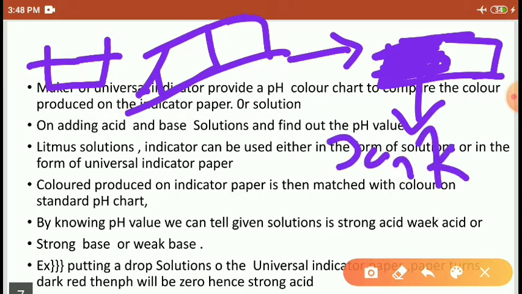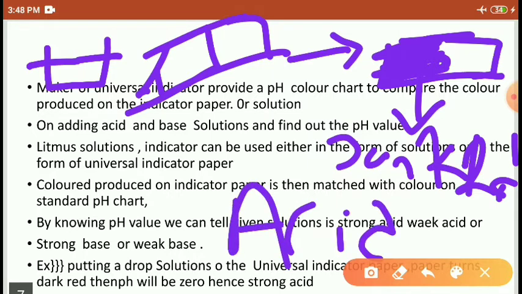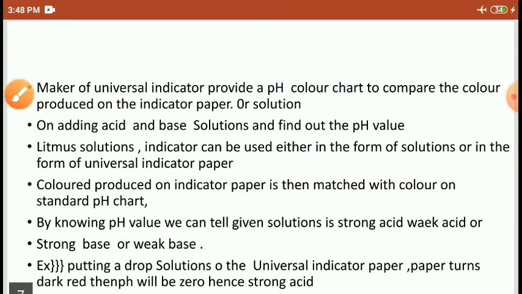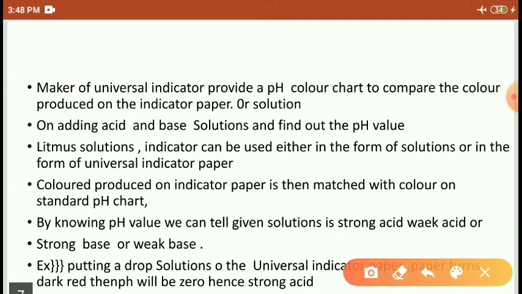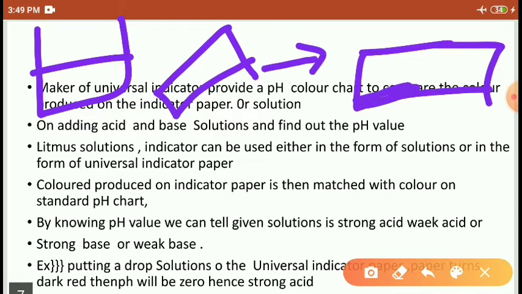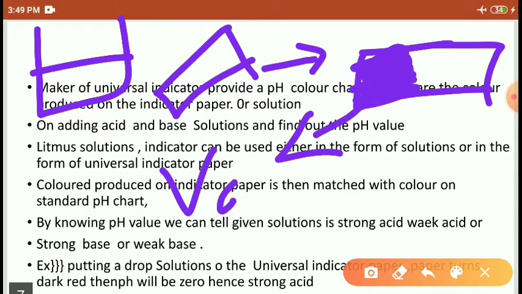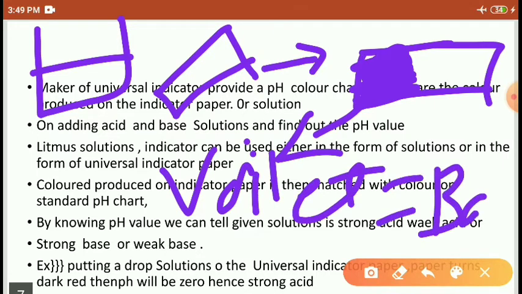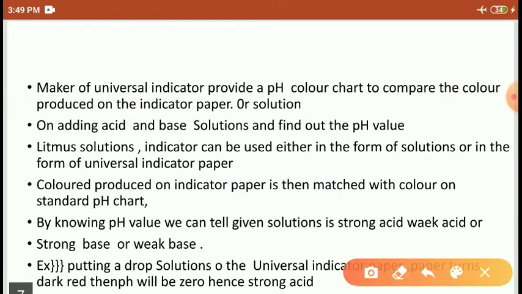If it is dark red, it is acidic nature, right? If you dip the pH paper in a solution and remove it, and it turns violet color, it means it is basic nature, base. It is the base students. Right students? So indicator paper acts as a pH paper only.